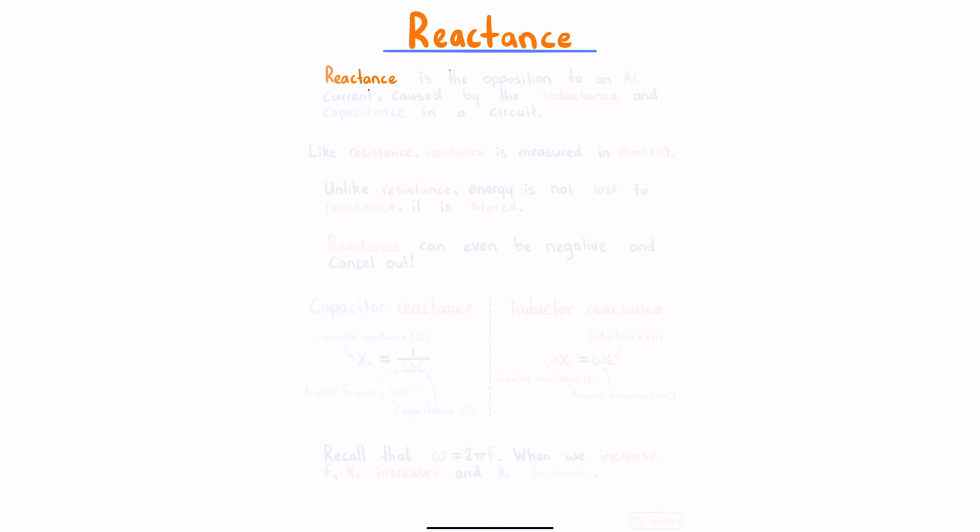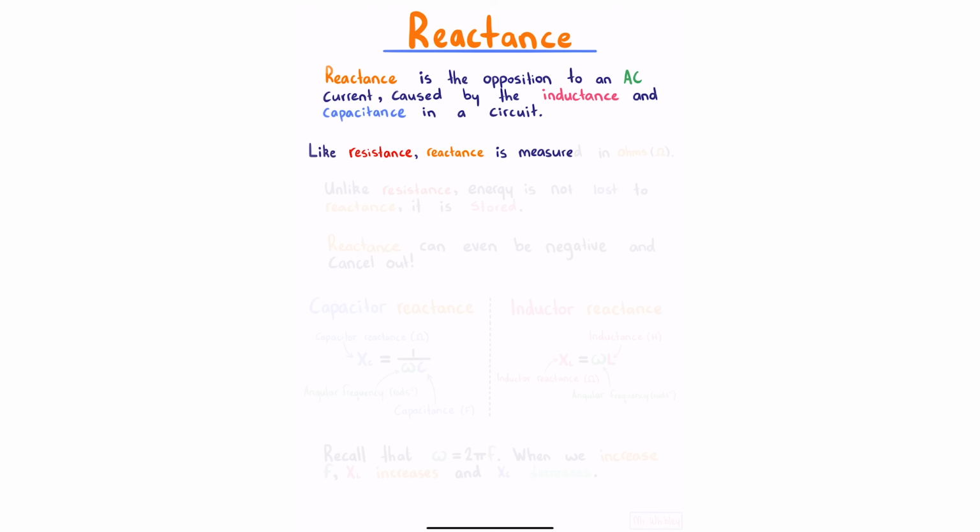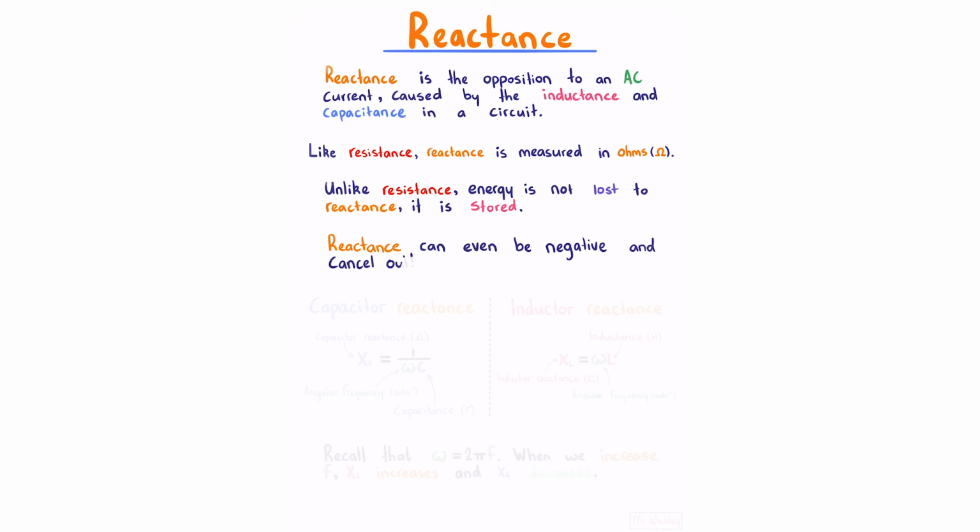Reactance. Reactance is the opposition to an AC current, caused by the inductance and capacitance in a circuit. Like resistance, reactance is measured in ohms. Unlike resistance, energy is not lost to reactance, it is stored. Reactance can even be negative and cancel out. The capacitor reactance is given the symbol XC and is equal to 1 over the angular frequency multiplied by the capacitance.